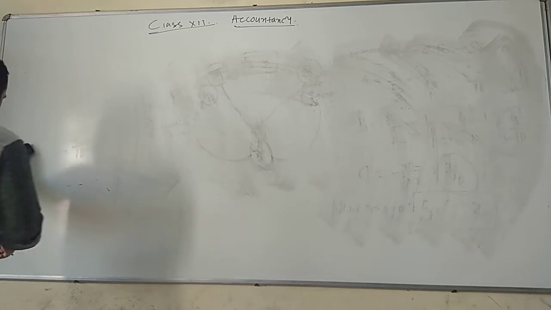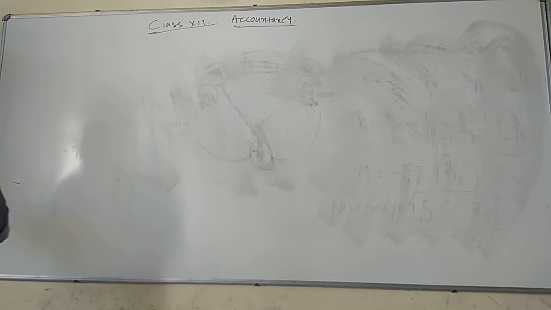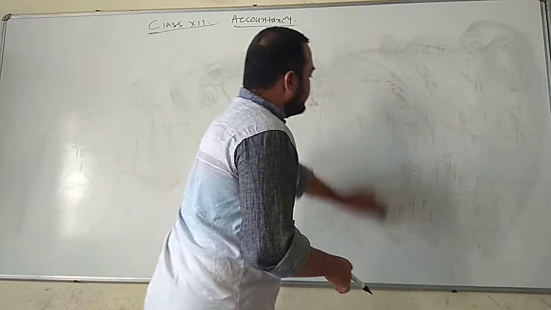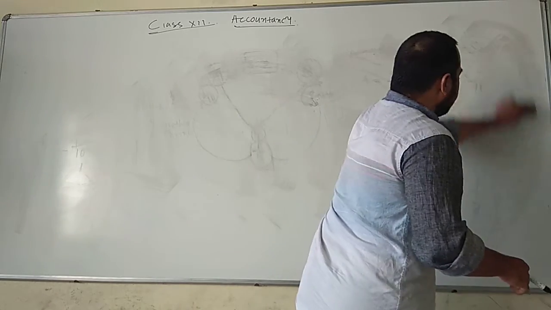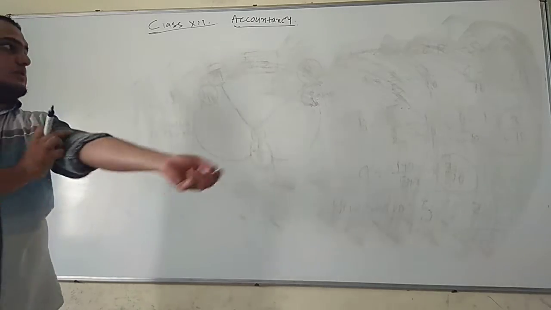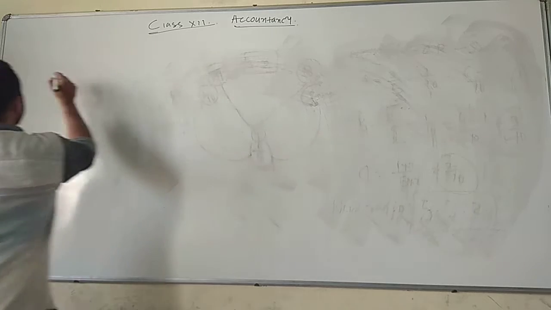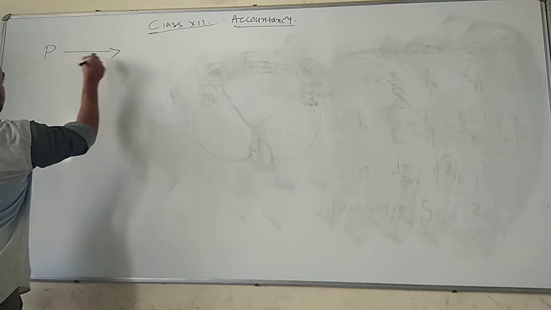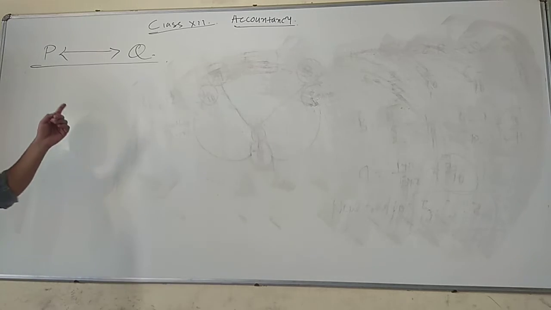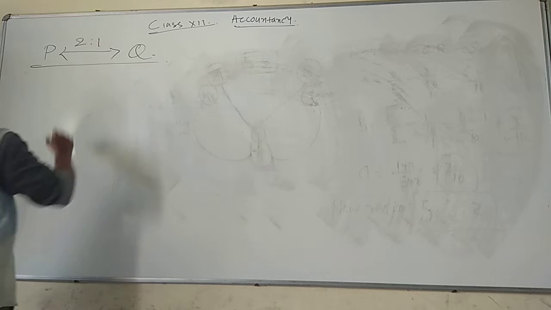Okay, now students, one more same type of question I am writing here. Suppose P and Q, two partners are there, P and Q. Their ratio is 2:1.